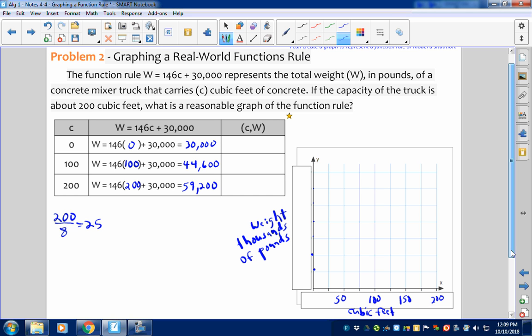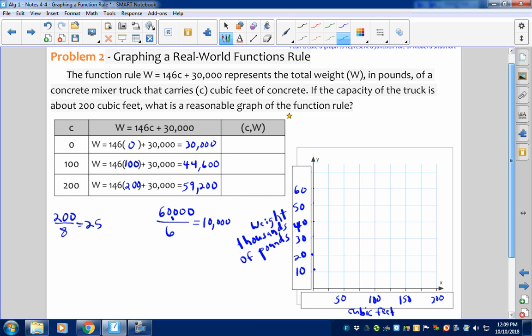So if I take 60,000, which is pretty close to the weight capacity, and divide by 6, I get 10,000. And so I'm going to go up by tens here because I labeled this y-axis as thousands of pounds. So 10,000, 20,000, 30,000, 40,000, 50,000, 60,000.